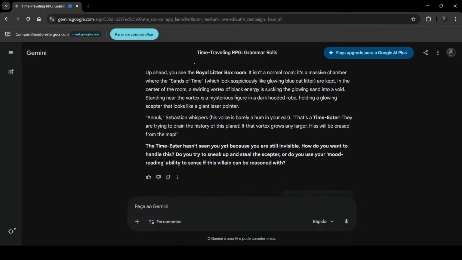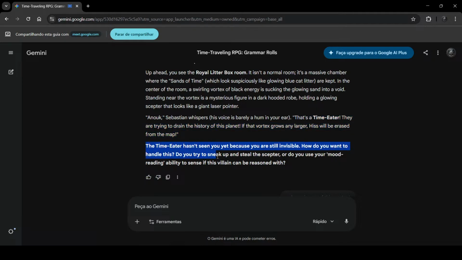Anouk, Sebastian whispers, his voice barely a hum in your ear. That's a time eater. They are trying to drain the history of this planet. If that vortex grows any larger, history will be erased from the map.